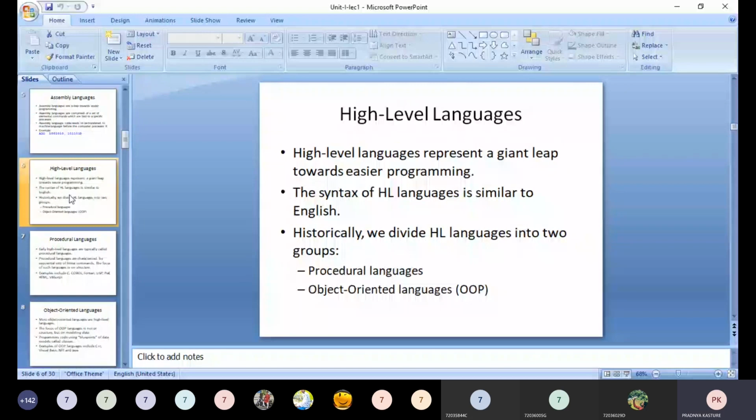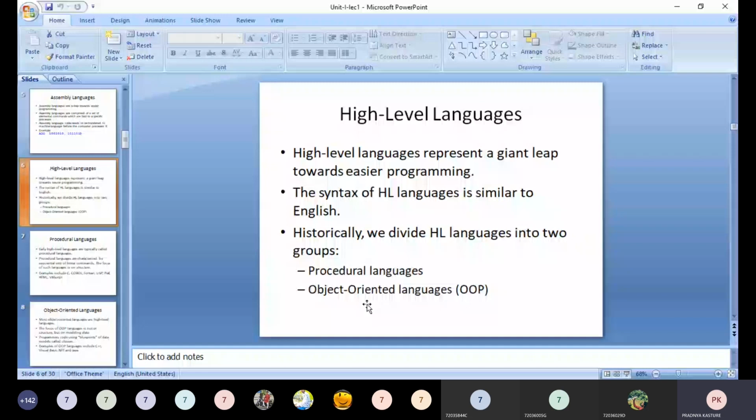Okay, so high level languages make the representation easier for human beings. High level languages represent a very giant leap towards easier programming.